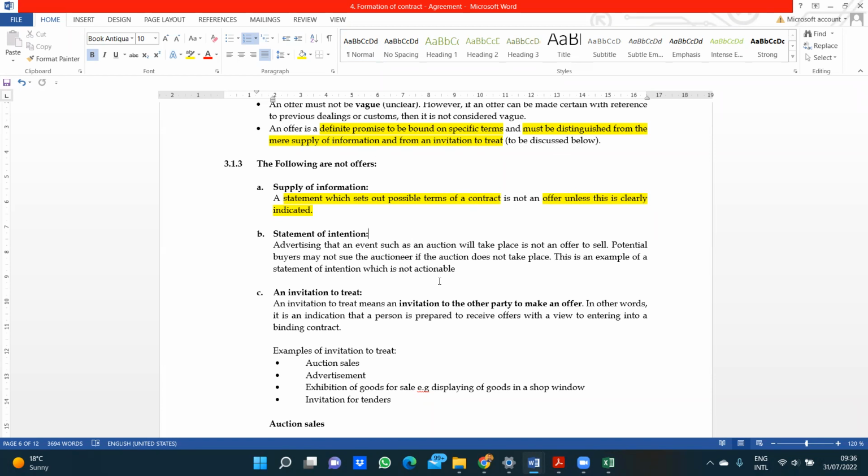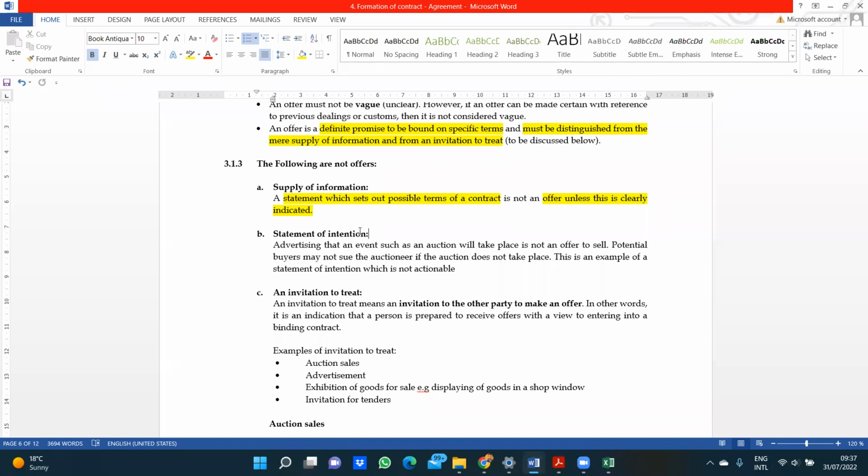For example, the statement itself tells the possible terms, for example a job advert. A job advert will not mention everything, but it will mention the possible general terms of a job offer. But the offer is not done until it has been negotiated and so on.